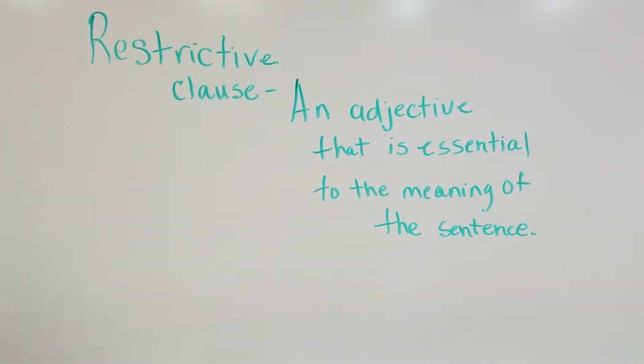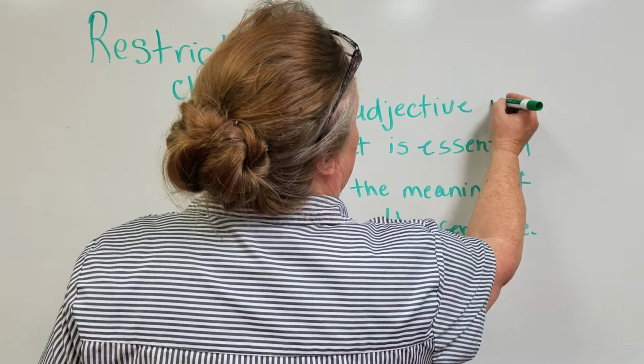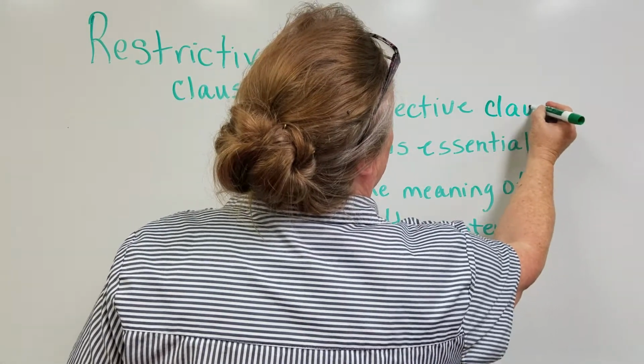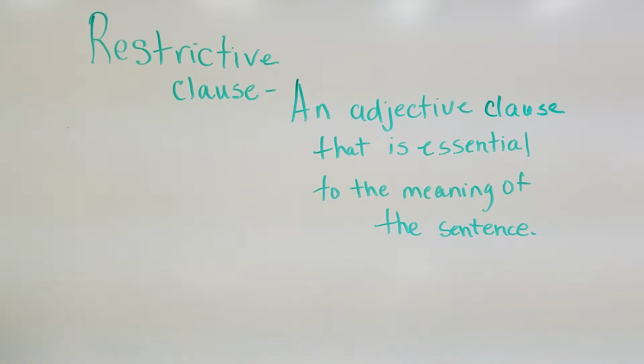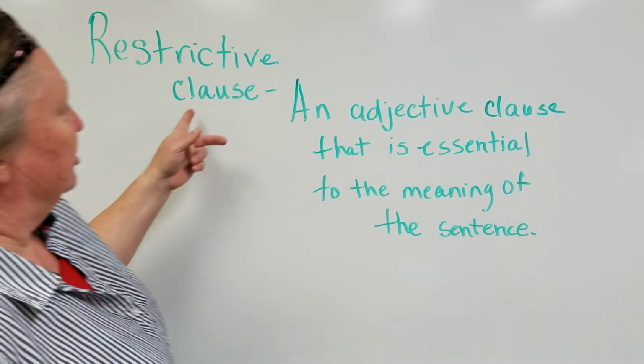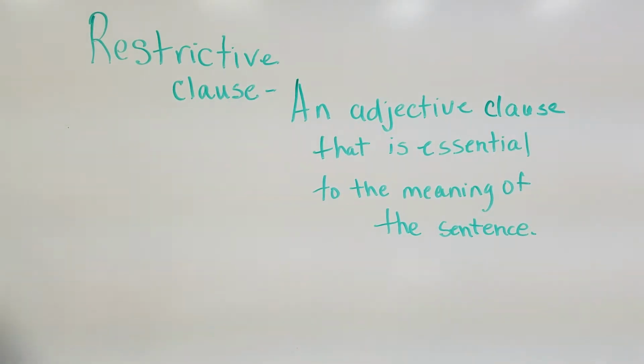So in that case, it would be restrictive. Let me add this word in here, clause. For one thing, it's one of the only definitions that uses the word clause in the definition and in the word that it has to match to. So you should be able to figure that out pretty easily.